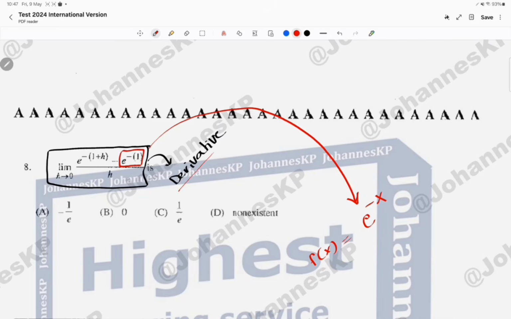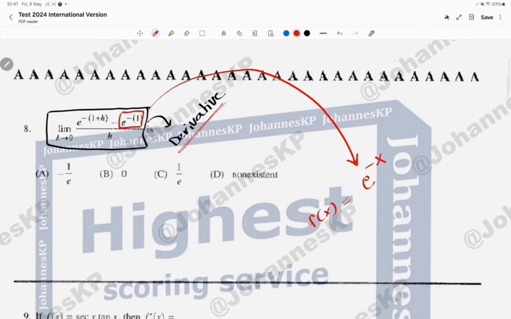But like I said, this equation is for a derivative. That means now you actually have to differentiate. So do you know how to differentiate e? Yeah. The first thing is you copy it. And the second thing is you multiply it by the derivative of the power. So what's the derivative of negative x? -1. Exactly.